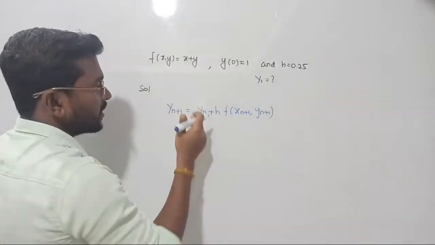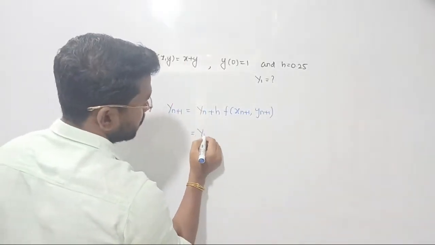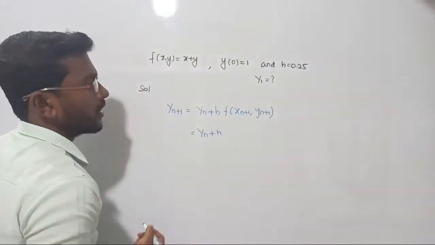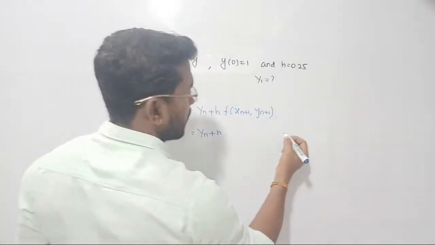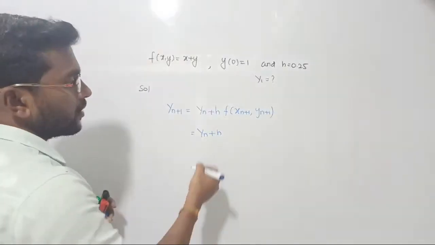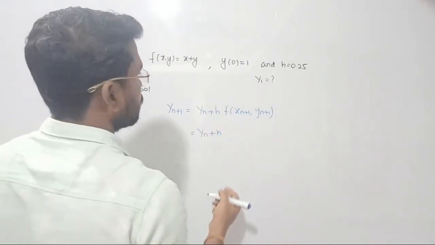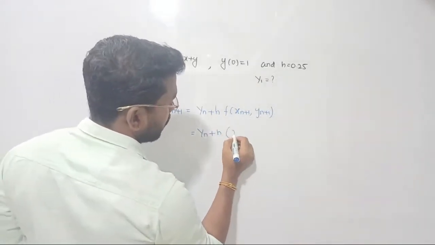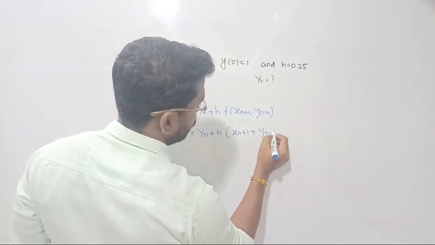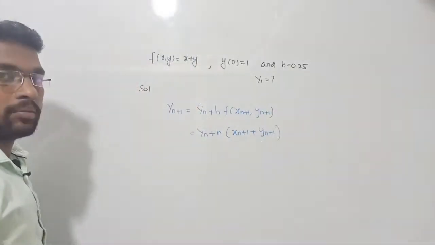Anyway, let's take the function here first: yn plus h into f of xn plus 1. Actually, how can we write this? See, we all know f of x comma y is equal to x plus y. Then f of xn plus 1 comma yn plus 1 can be written, in bracket, as xn plus 1 plus yn plus 1. Is there any mistake? No, I'm correct, right?